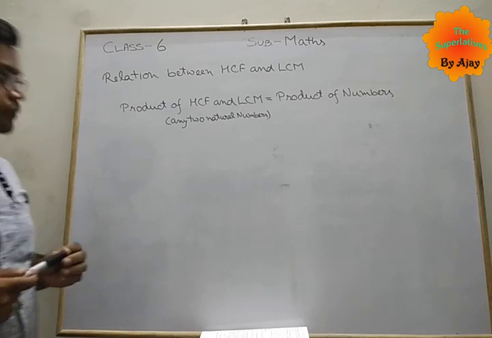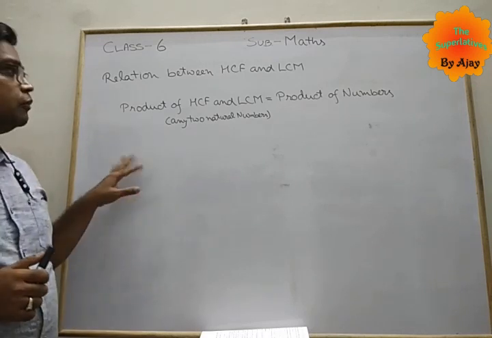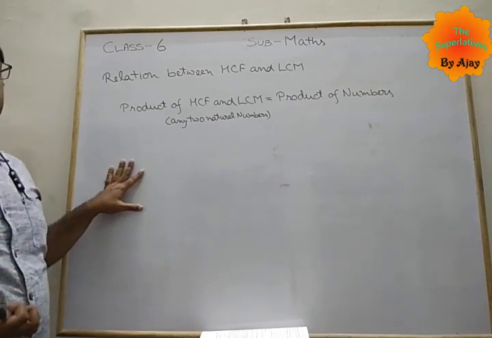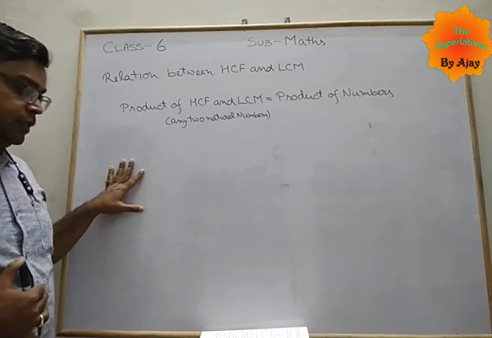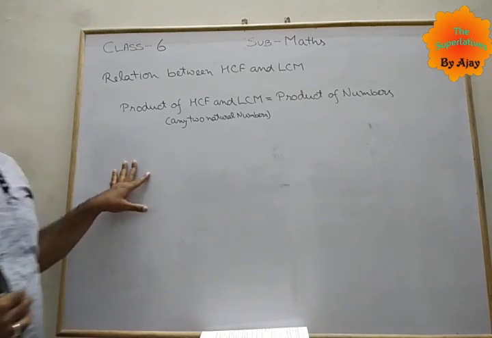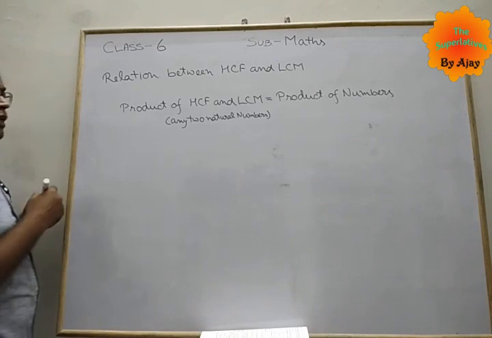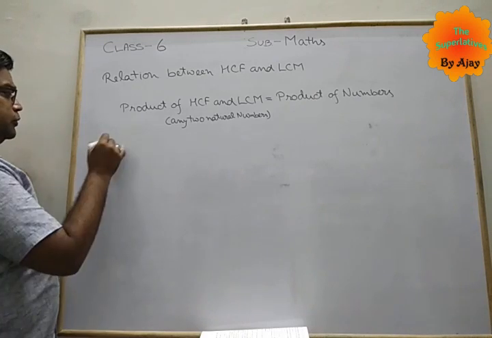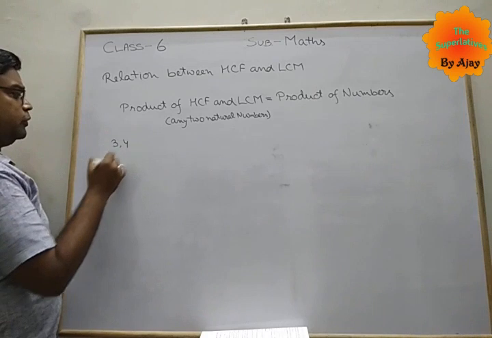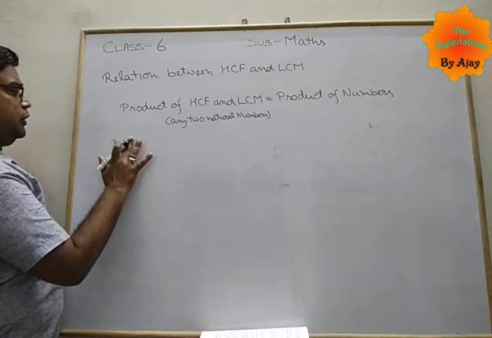Suppose we discussed in previous examples 3 and 4. In this case, we have only the LCM. We use two more numbers, 30 and 48.